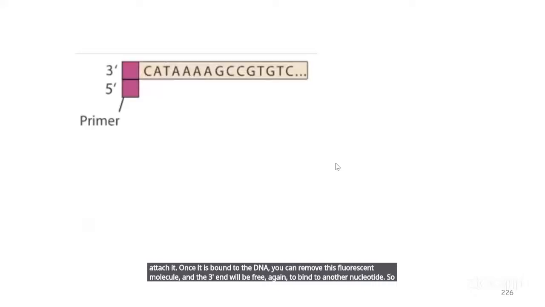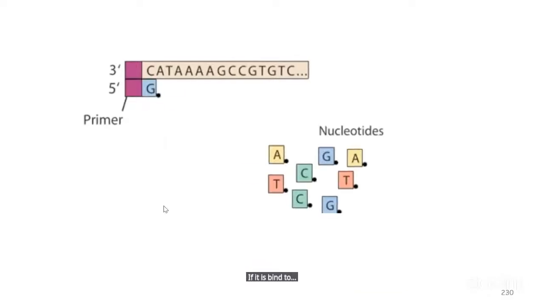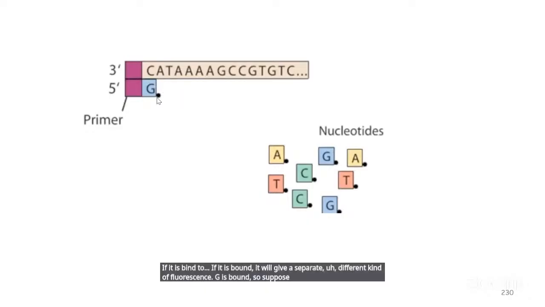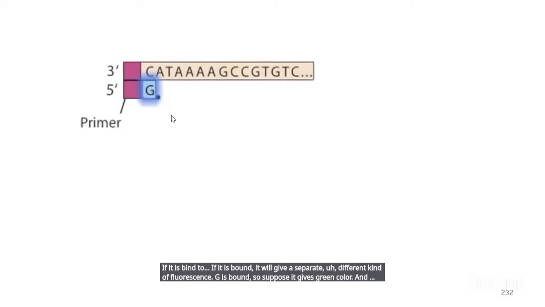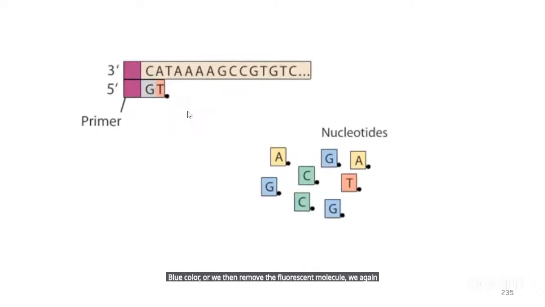In that case, we first add one type of nucleotide. If it is bound, it will give a different kind of fluorescence. Suppose G is bound, it gives green color. Then we remove the fluorescent molecule and proceed again for the next cycle.